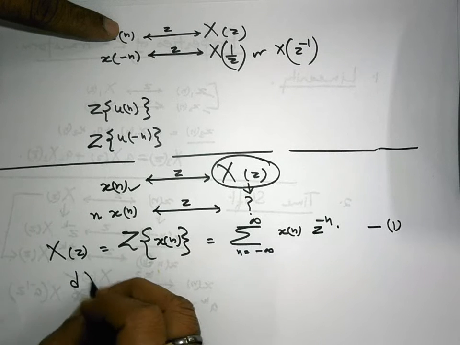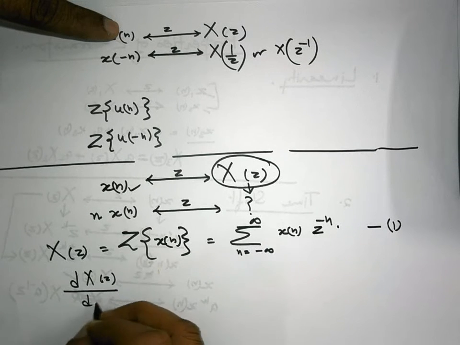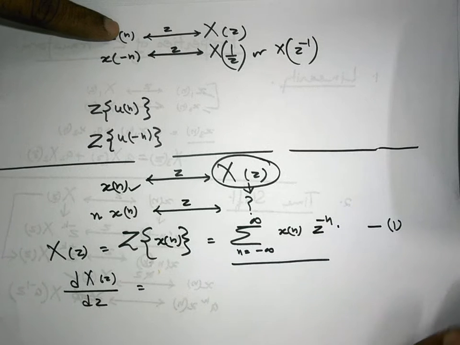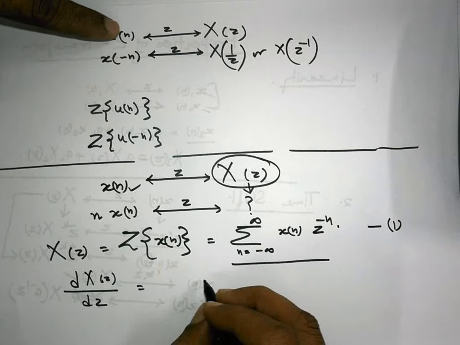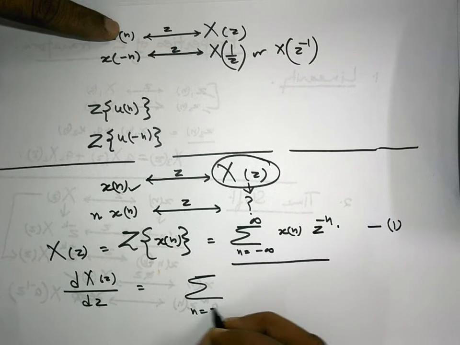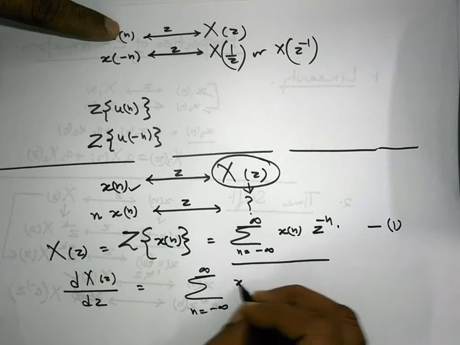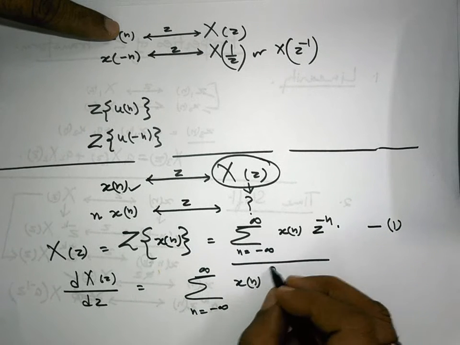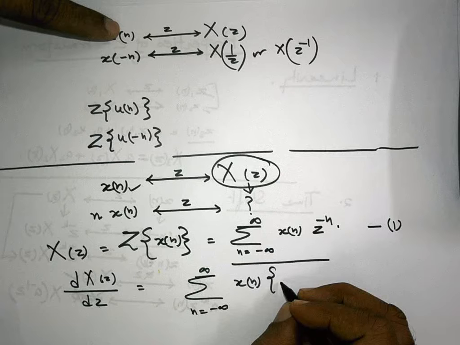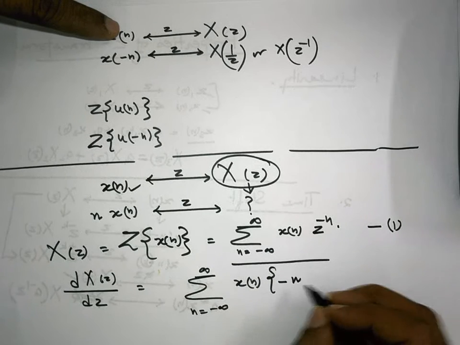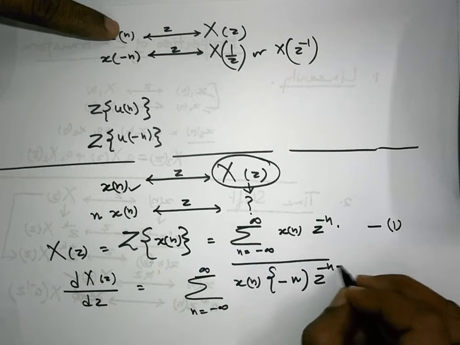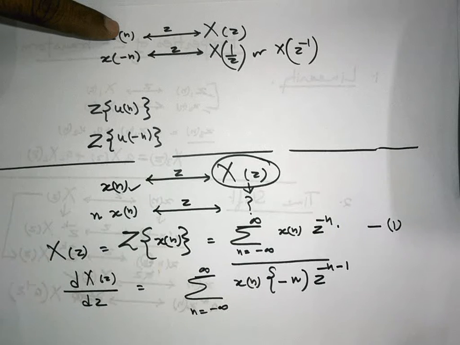So this will be equal to dX(z) over dz, and if you differentiate this equation, it will be, you tell me, summation n equals minus infinity to infinity x[n], and this is equal to minus n. Am I right? Is it minus n? z to the power minus n minus 1. Am I right?